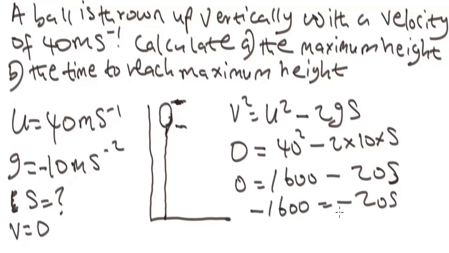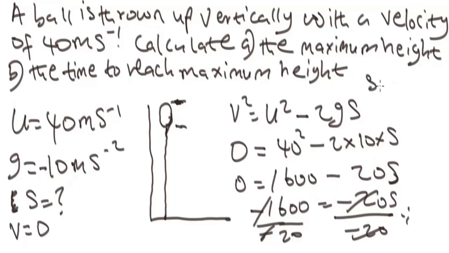You divide both sides by minus 20, so this cancels this. Therefore our x will be 80. Our x will be 80 meters. This will be the distance, the maximum height.